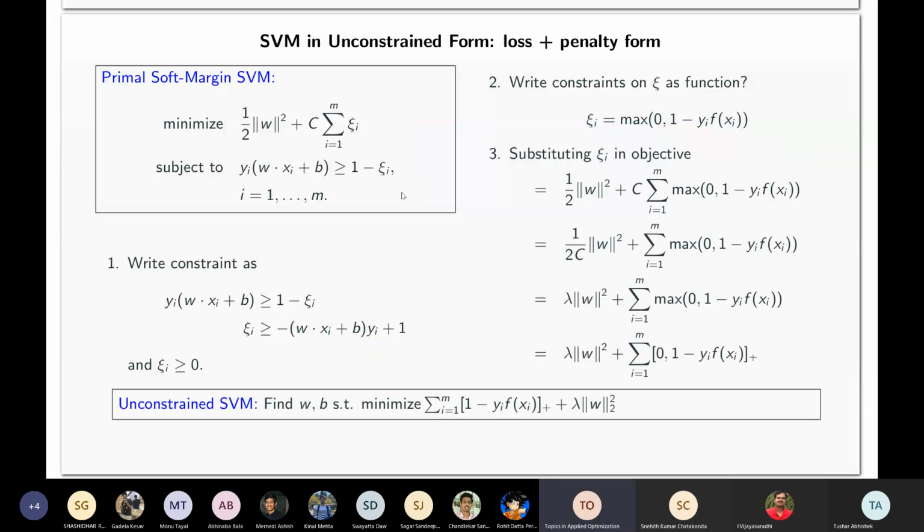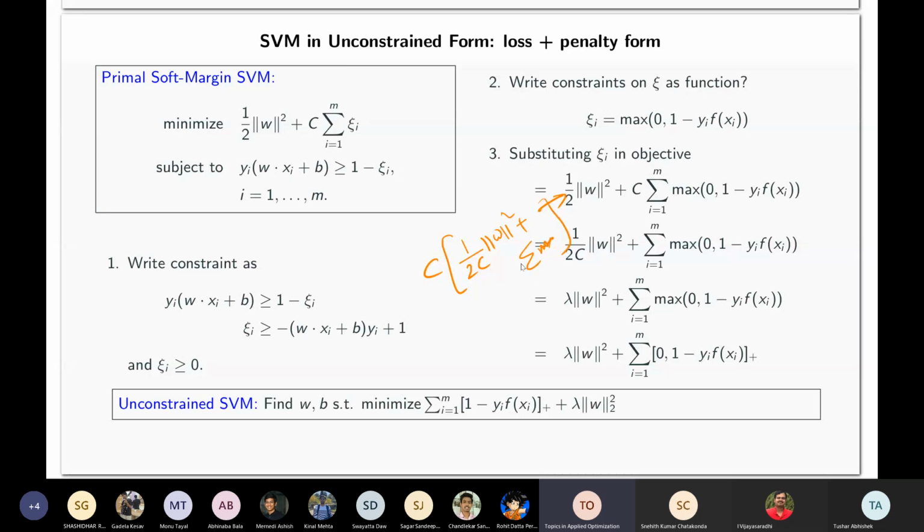If we substitute ξi in the objective, we will have half of ‖w‖² plus C times the sum of the max. Since C is positive, I can take C common and write 1 by 2C ‖w‖² plus the summation of the max.